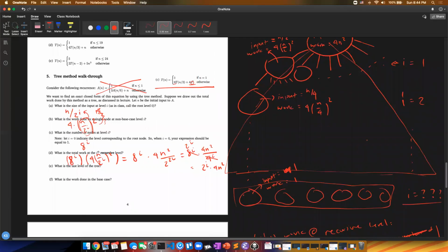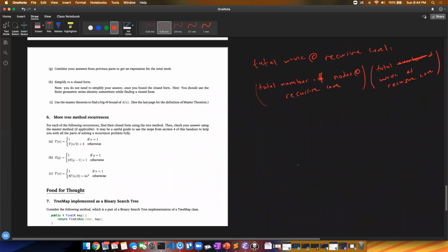So what I mean by that is, for E, we know that our input is given by n over 2 to the I. And eventually our input is going to reach 1 when we reach our base case, right? And basically we're figuring out this I value. If we were to figure out what this I is, it's sort of like another math problem.